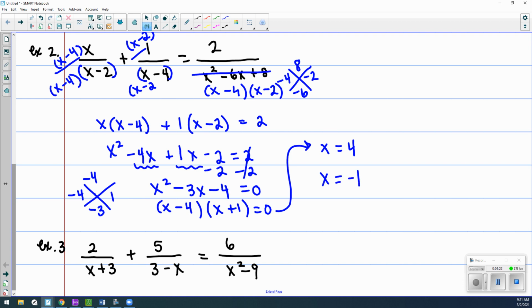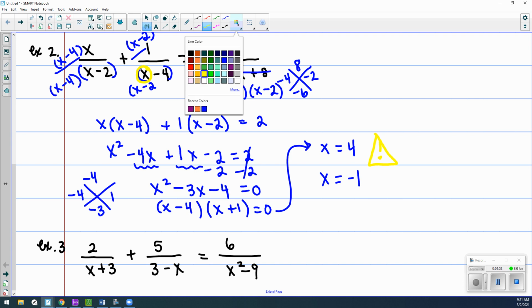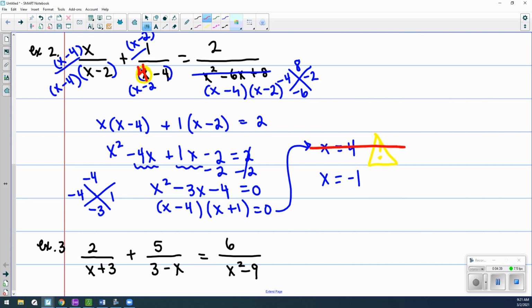Time out! I need to go back and make sure that none of these would be extraneous. And I see right here, ooh, I have troubles, because if I plug in a 4 right here, now I'm dividing by 0. So x equals 4 is extraneous. My only solution is x equals negative 1.